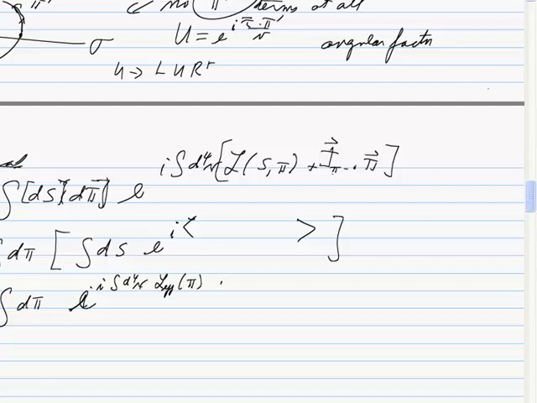Now it's only of pi. Earlier we would have called this e to the i W of pi.